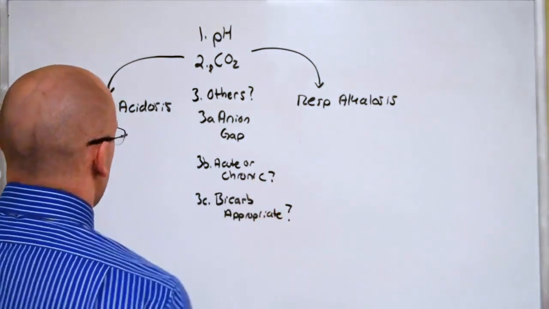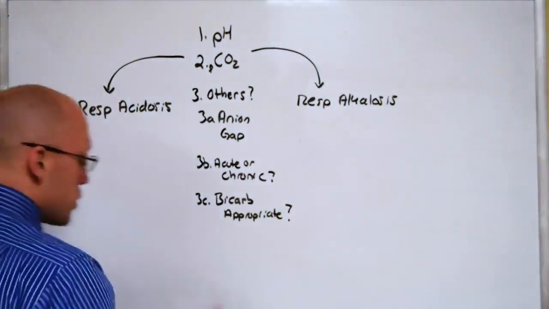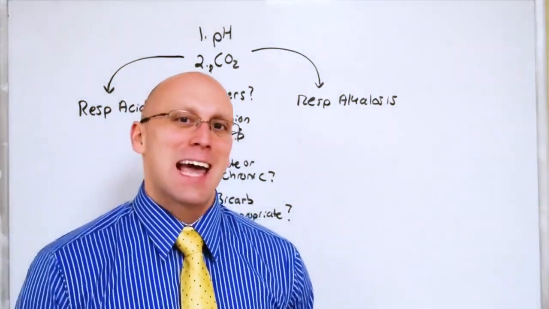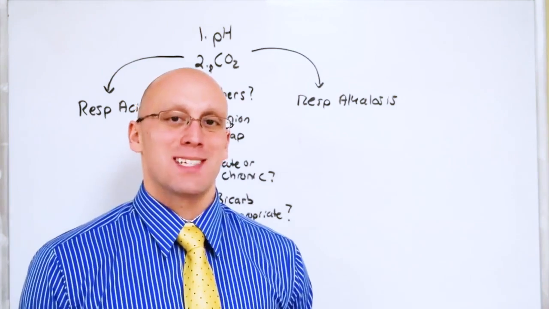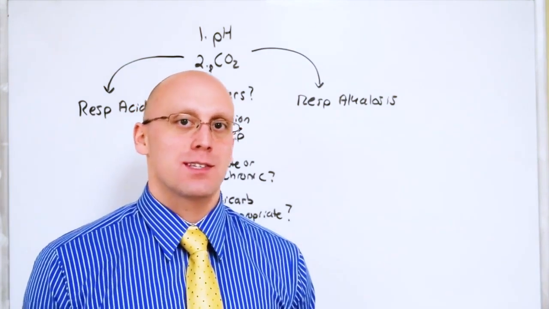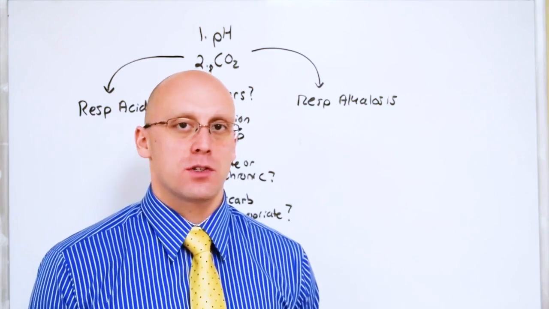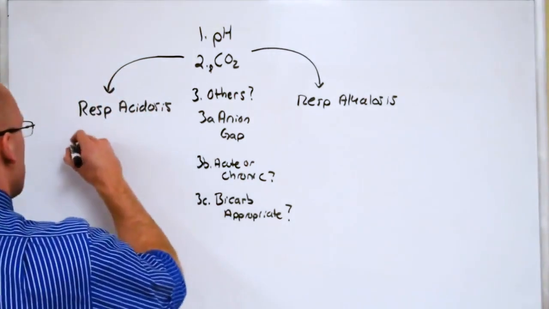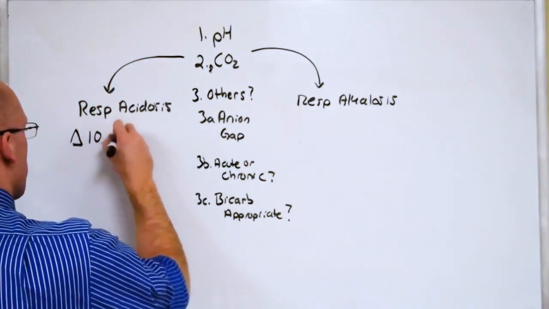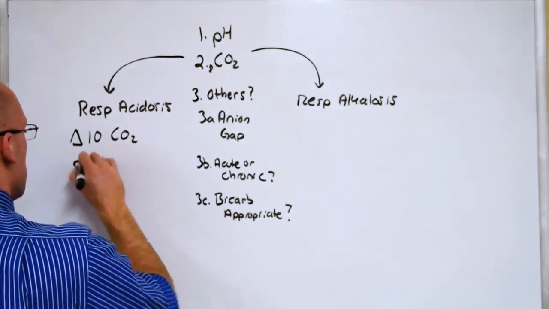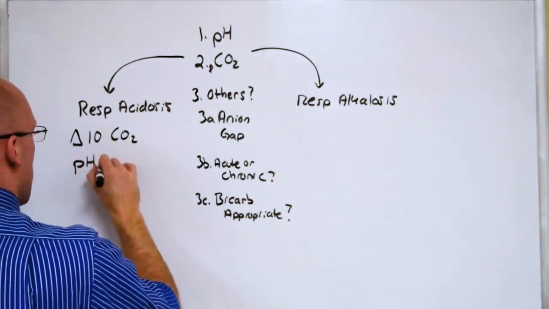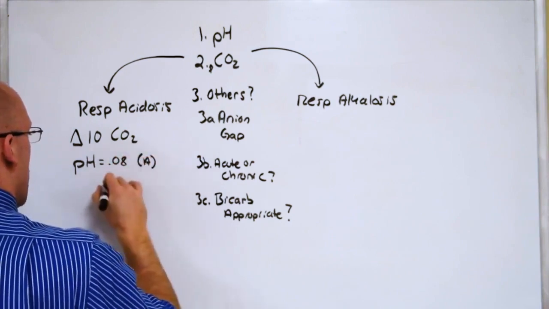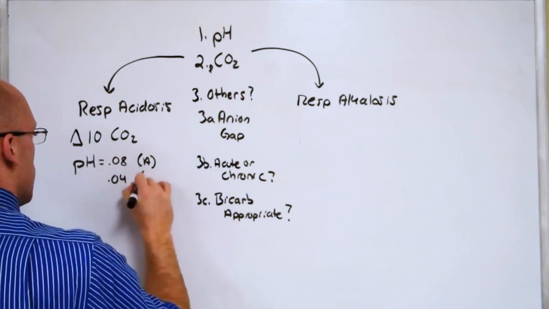How do you determine chronicity? I want you to start thinking about dime changes. For every 10 points the CO2 changes, other stuff happens. So for every dime of CO2, the pH will change by 0.08 if it's acute and 0.04 if it's chronic.